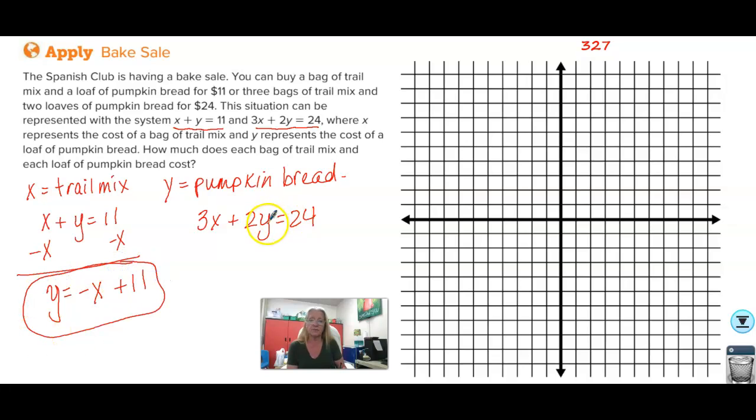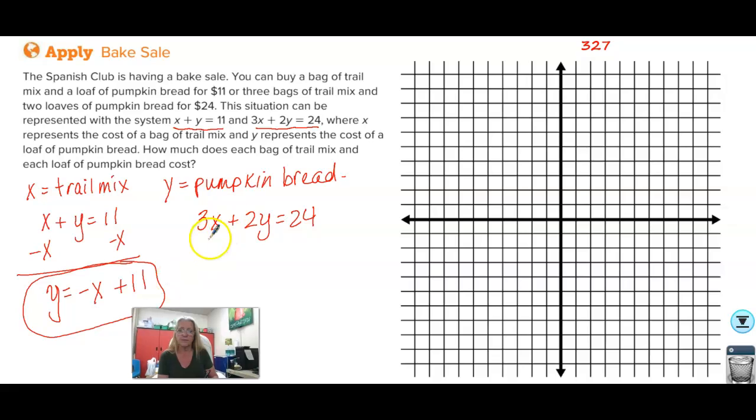That's one equation. For this equation, we're going to have to do a little bit more steps. First of all, we need to get rid of the 3x, so we subtract 3x from both sides. That gives us 2y equals negative 3x plus 24.